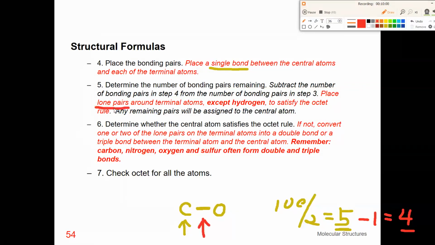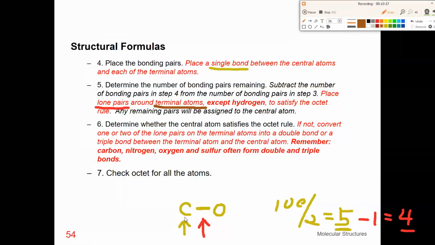Lone pair means electrons that do not form any bond. So you just put a lone pair, one pair of electrons, around the terminal atoms. There are 4 pairs, so put 4 pairs around the terminal atoms.